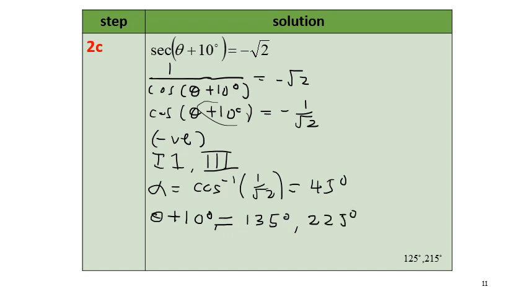But look at the left side here, we have plus 10. So for the answer in only theta, you have to bring 10 to the right side, which means the angle has to be subtracted by 10. So that's why we got 125 and 205 degrees in this case. I hope you can compare and notice the difference between question 2B and 2C.